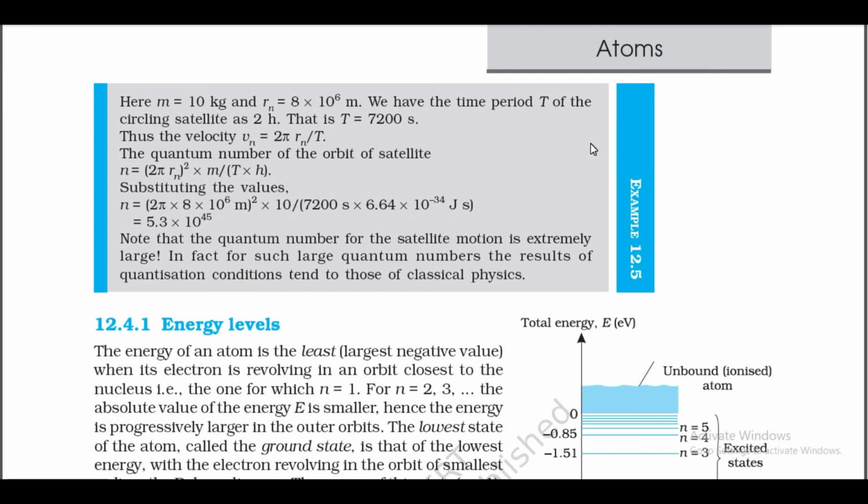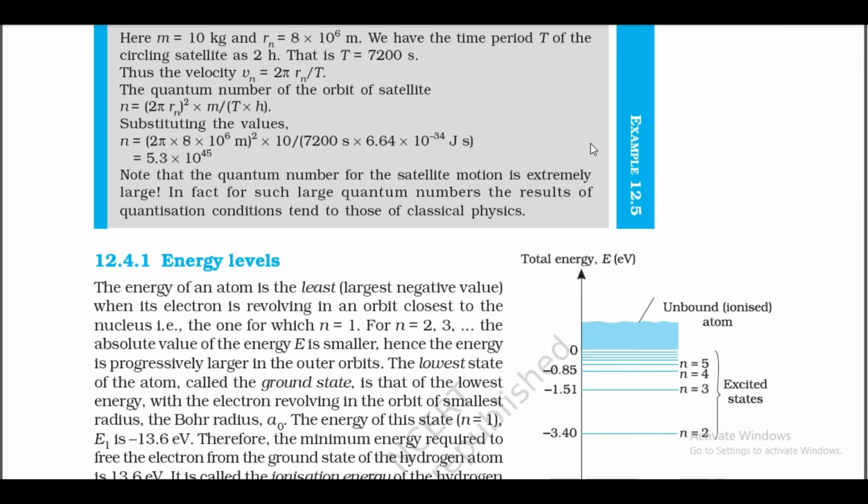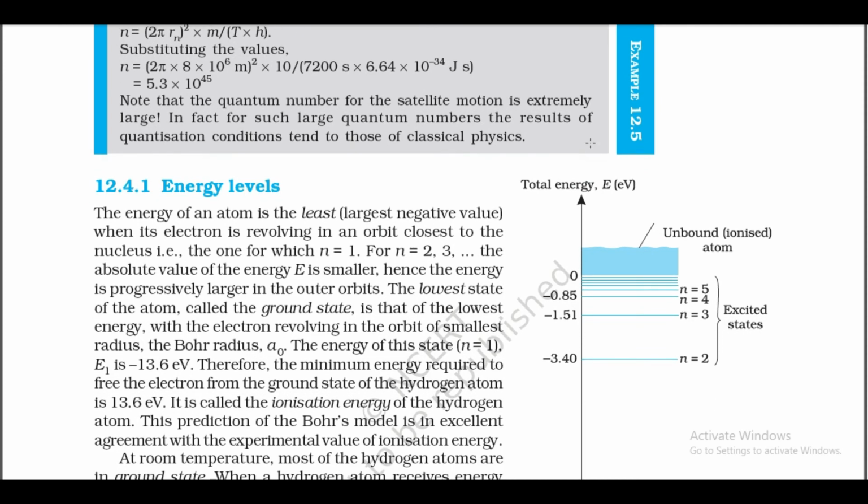12.4.1 Energy levels. The energy of an atom is the largest negative value when its electron is revolving in an orbit closest to the nucleus, that is, the one for which n is equal to 1. For n is equal to 2, 3 and so on, the absolute value of the energy E is smaller.